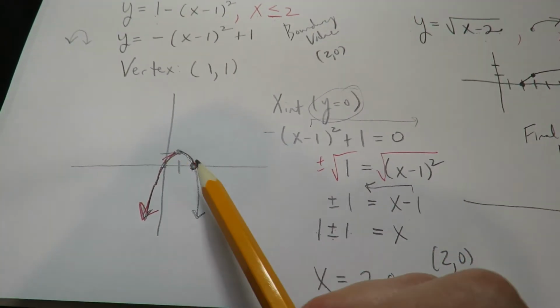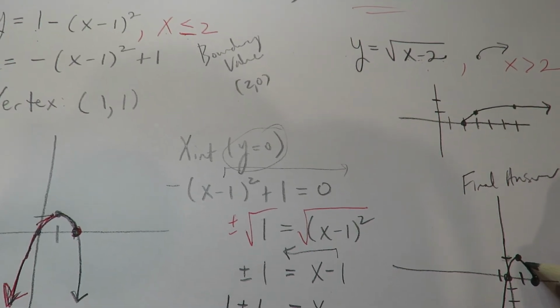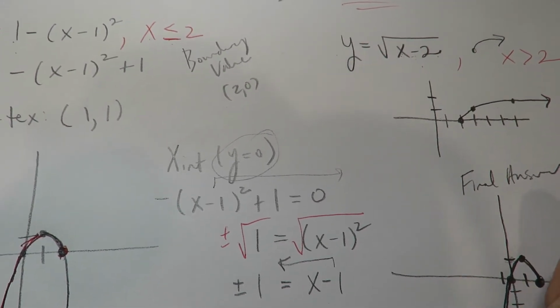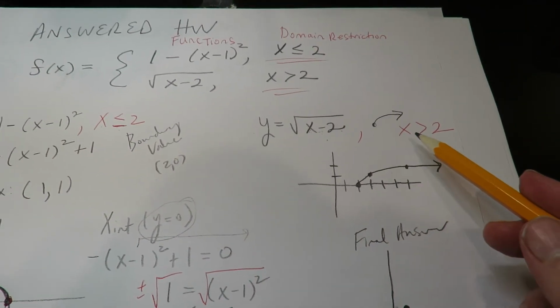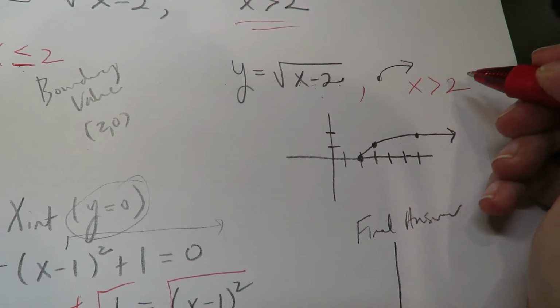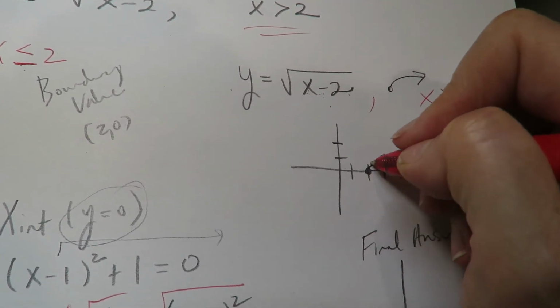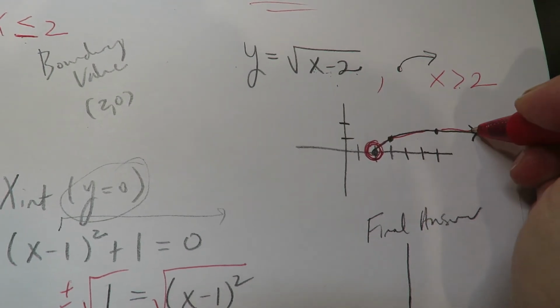Okay, so I'm just taking from this function when x is less than or equal to 2. So that's why you only see part of the graph. I'm not taking the whole graph. Alright, now from this guy, I'm cutting it at 2. So at 2 is here, and since it doesn't have the bar, you want to think of it as an open circle. And I'm taking everything to the right.